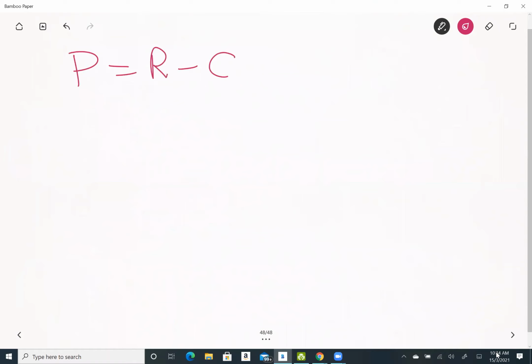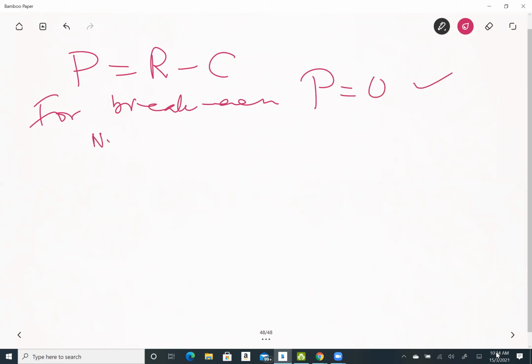And for break even, that means we need profit equal to 0. So that is profit equal to 0, break even. Now, in terms of revenue and cost, I need revenue minus cost equal to 0.